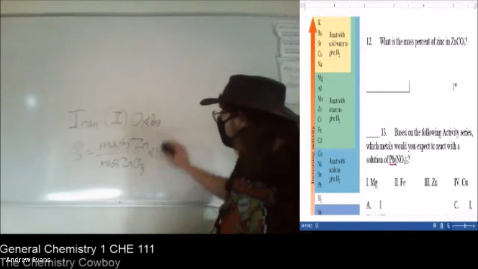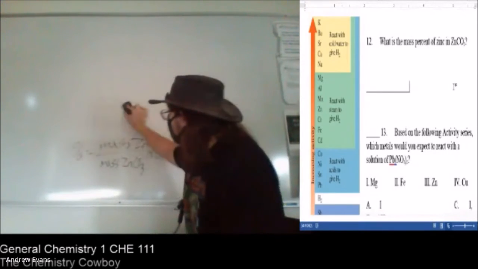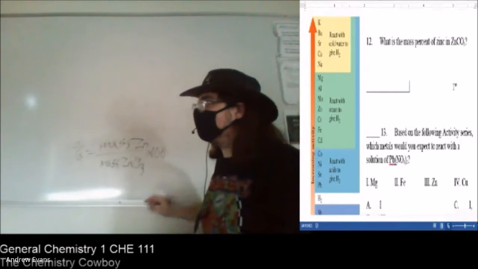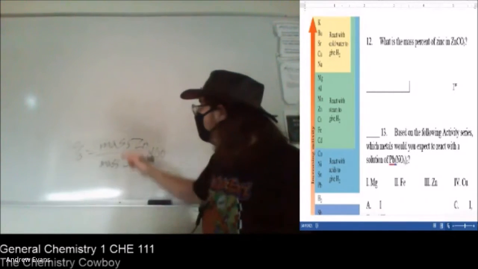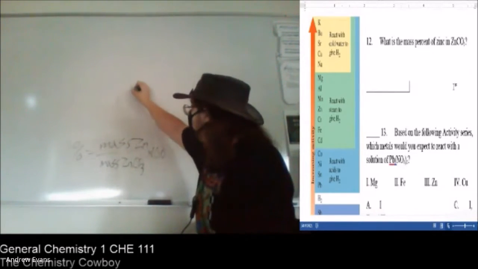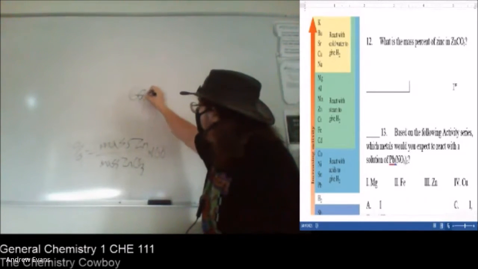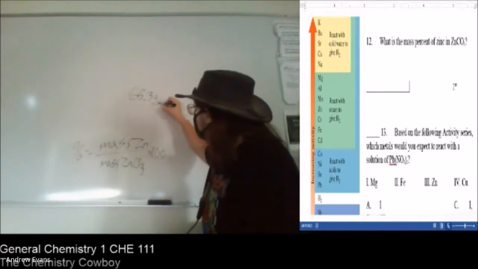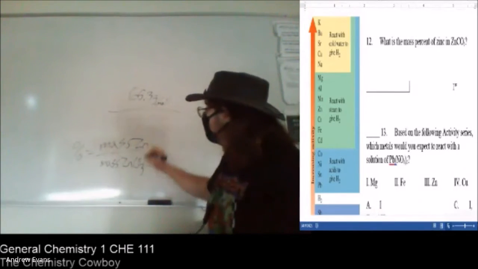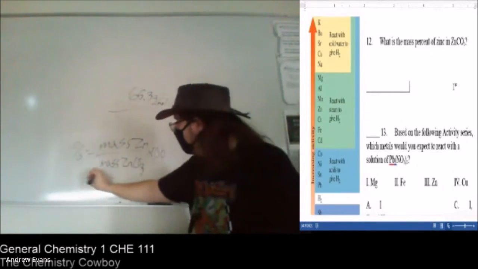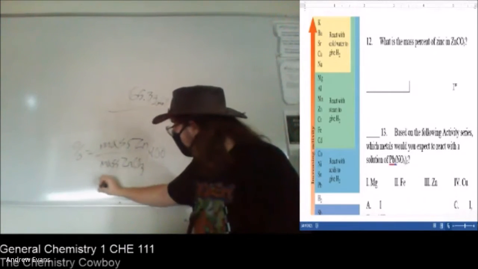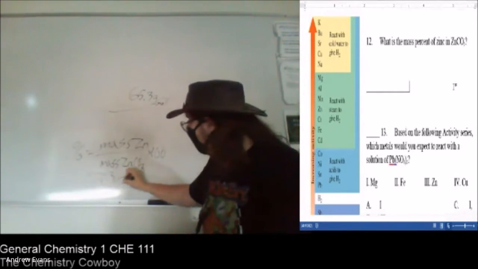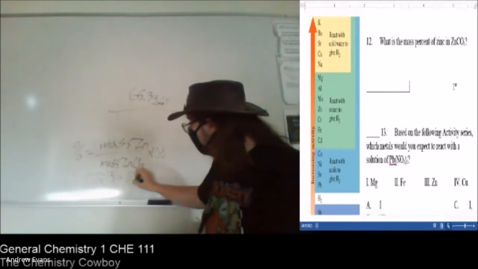So zinc, I happen to have an idea of what its mass is because I did this like yesterday. Zinc is like 65.3 grams per mole. Now zinc carbonate. So we're going to take that 65.3. We're going to add on carbon, which is 12.